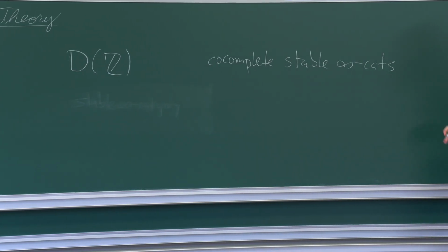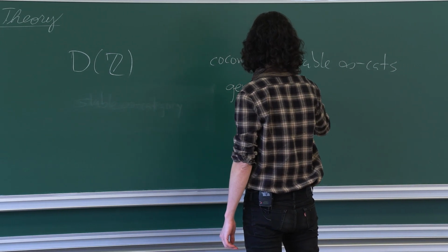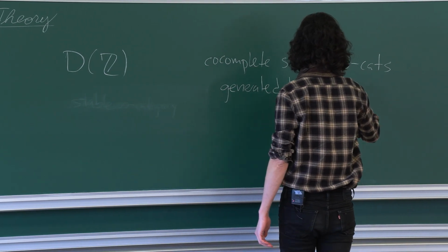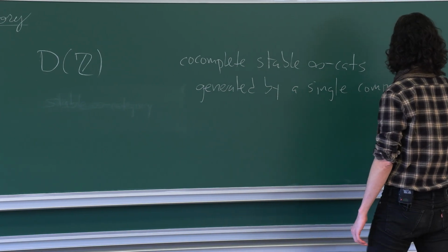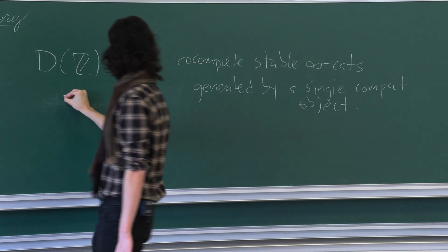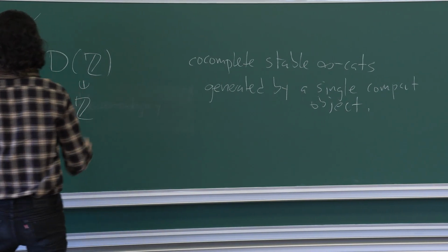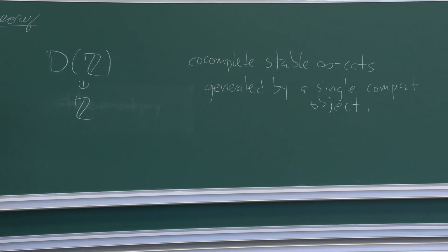And they're actually generated by a single compact object. And in this case, it's just the integers sitting in degree 0. And in this case, it's an object called the sphere spectrum.